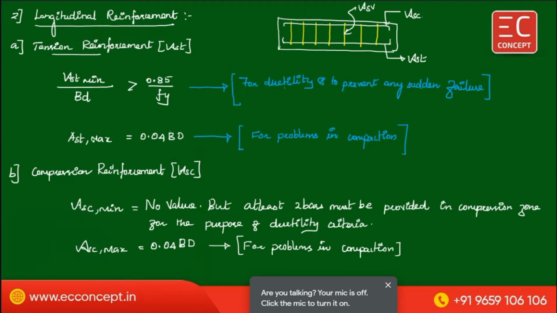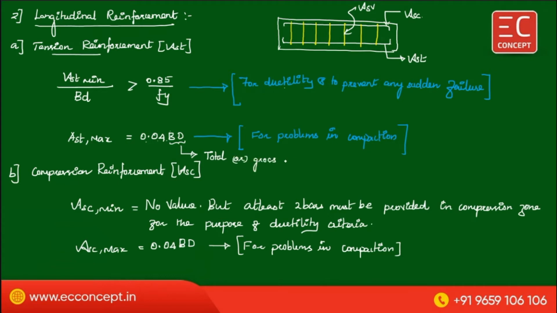Second one is Ast max. Ast max is 0.04 b into D. This is the total gross cross-sectional area of the beam.